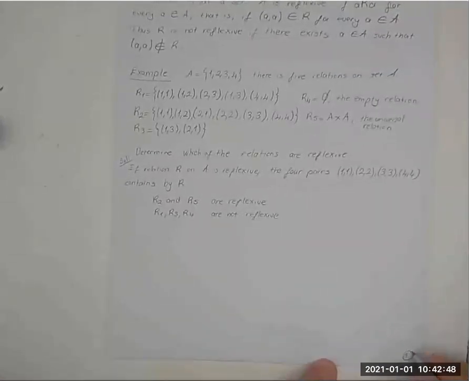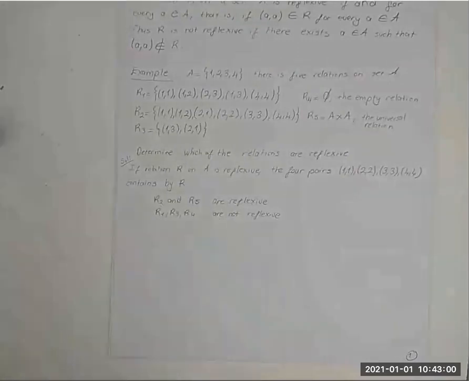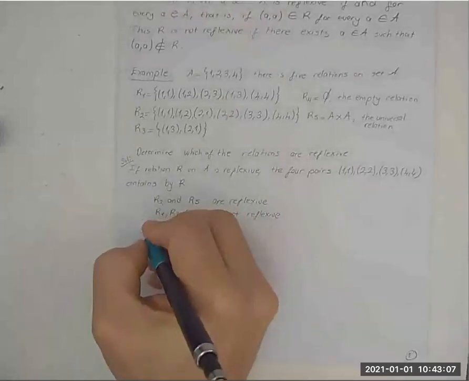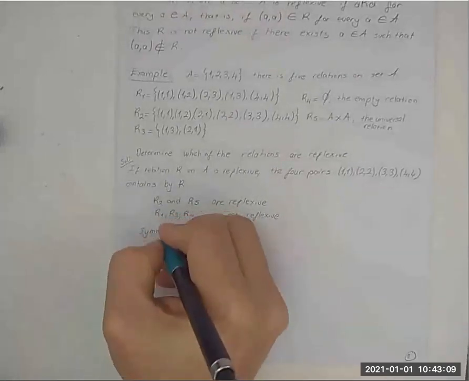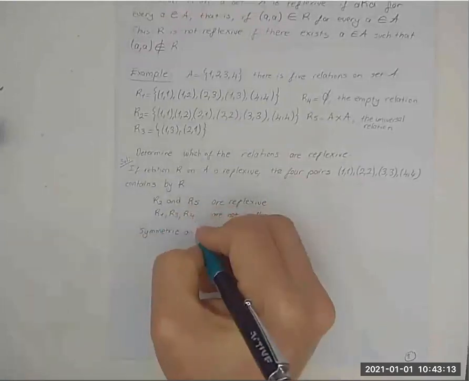So we can say R2 and R5 are reflexive. And what is the rest? R1, R3, R4 are not reflexive.